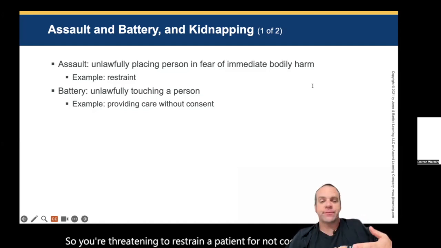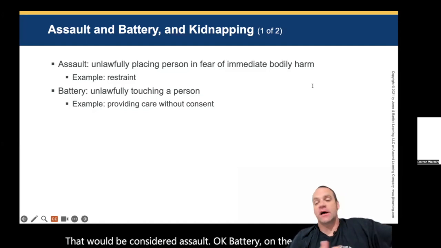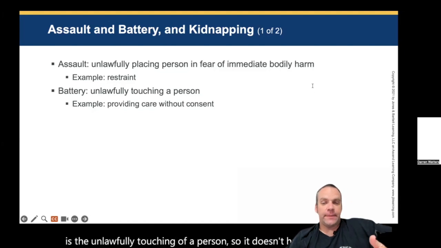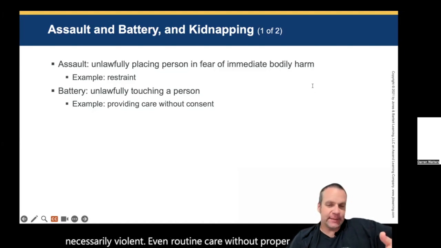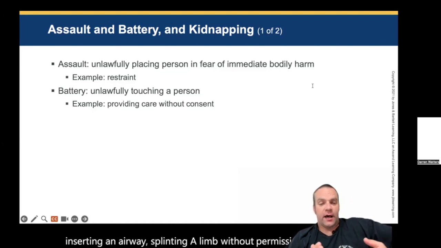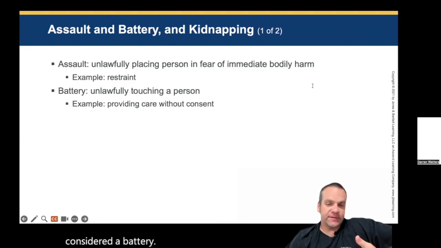Battery, on the other hand, is the unlawful touching of a person. It doesn't necessarily have to be violent. Even routine care without proper consent, like inserting an airway or splinting a limb without permission, can be considered battery. Both actions can be either civil or criminal, and intent isn't always required.